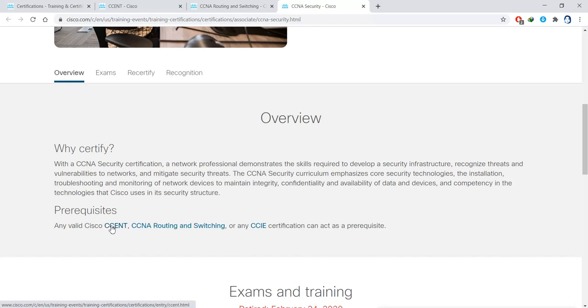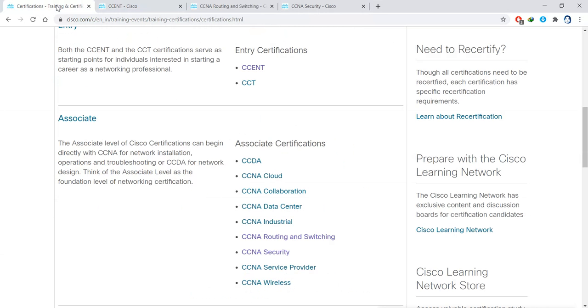Either I can give CCENT certification, or I have to have CCNA Routing and Switching. So basically, this one is the basic one for giving any of these streams. If I choose any of these, I first have to give this CCNA Routing and Switching or CCENT.